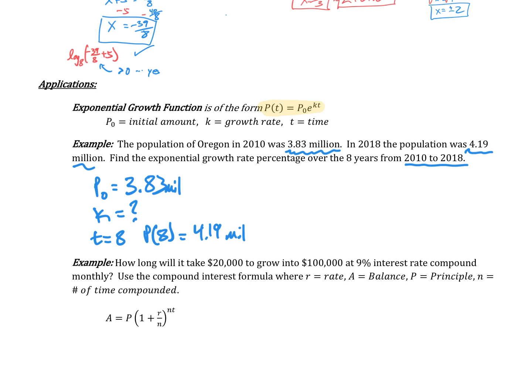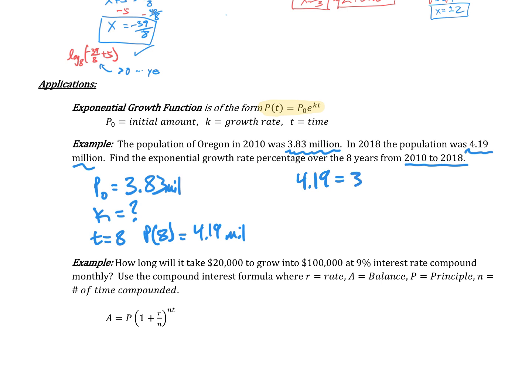All right, so we can fill in everything we know. Let's go ahead and fill in all of this. We know that when T is 8, so we're going to put T equals 8, and we know P sub 0, the initial population. We know P of 8. The thing we don't know here is K. 4.19 is our new population.